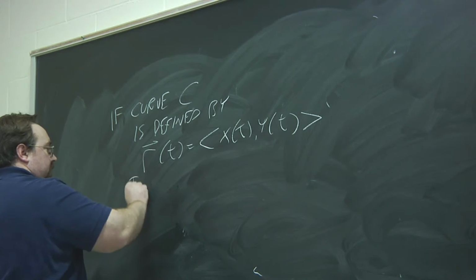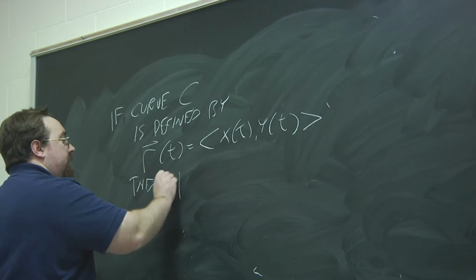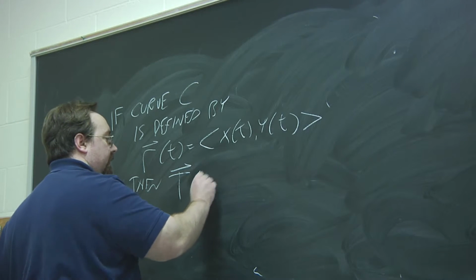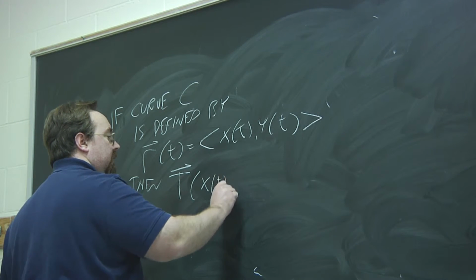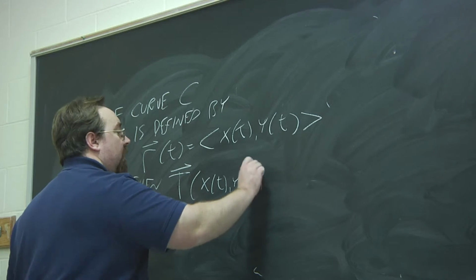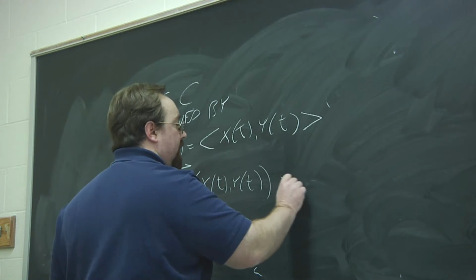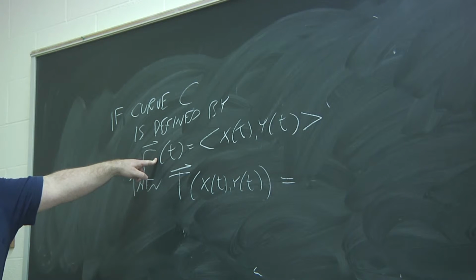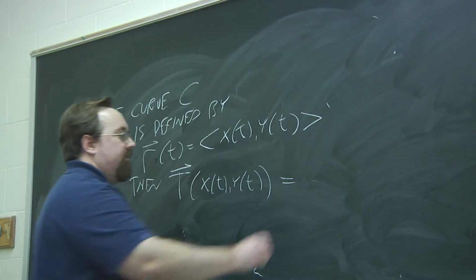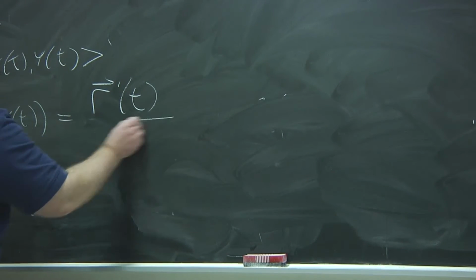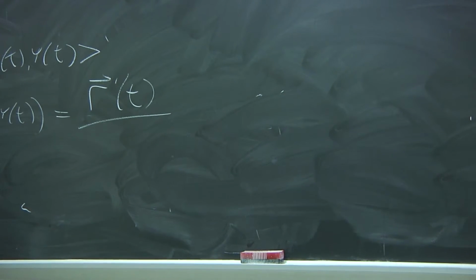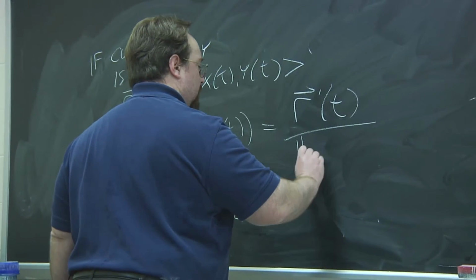Then our unit tangent vector at any point on the curve is going to be the derivative of this vector valued function. That gives us the tangent vector. But this is a unit tangent vector, so we have to remember to normalize it.